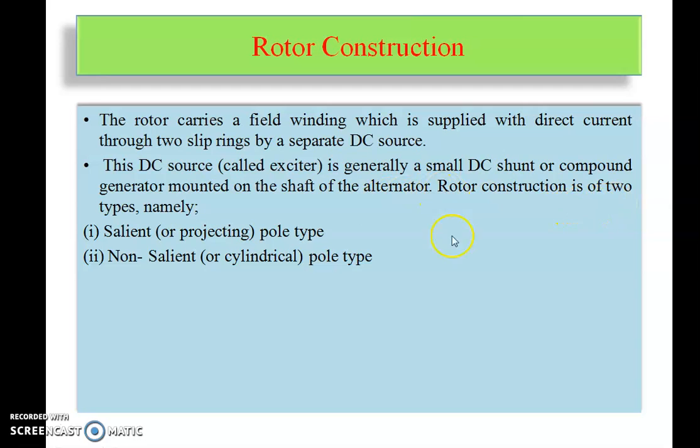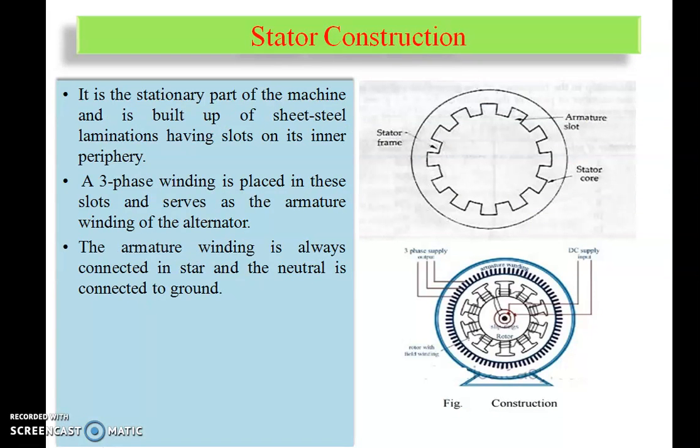Rotor construction is of two types: salient, or projecting pole type, and non-salient, called the cylindrical type rotor. As we know, we provide the DC supply to the rotor winding of the alternator. This DC supply may be available through a separate generator, called the exciter, or through different battery systems.